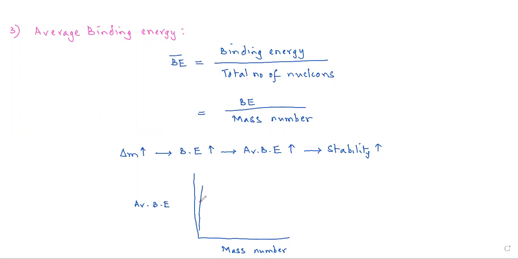It goes on increasing with the mass number, reaches a maximum, and then decreases. See, binding energy reaches a maximum at about 8.7 million electron volts, which is for iron.